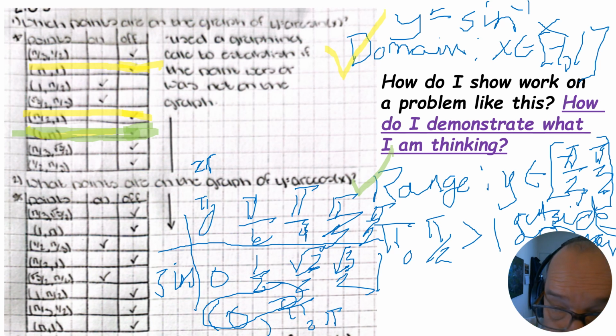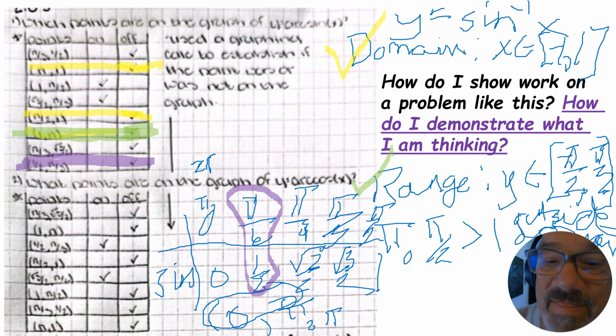And I do have one down here, it's 1/2, and then it says pi over 3. But according to this, it should be 1/2 pi over 6. That's why this one is not on the graph. It has the wrong range value, okay?